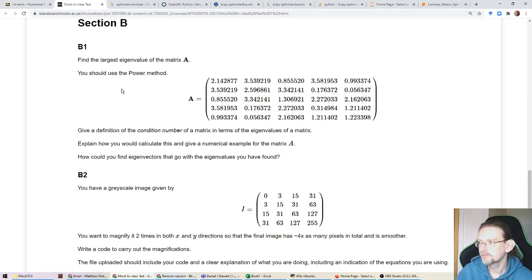Explain my working. On Friday there's another session, and I'll put up a worked example solution to a couple of these to give the kind of thing that I'm after. Particularly for this B section, but for the whole of it, it should be like a logbook.